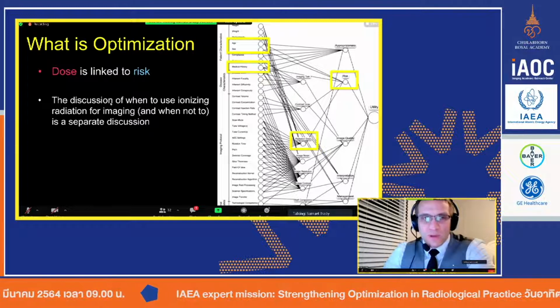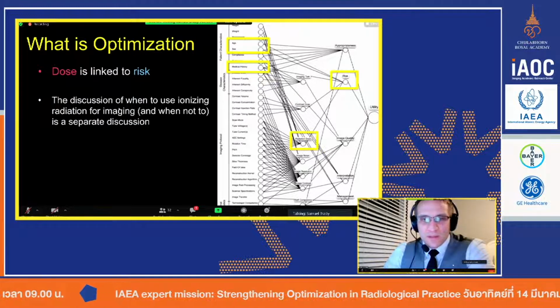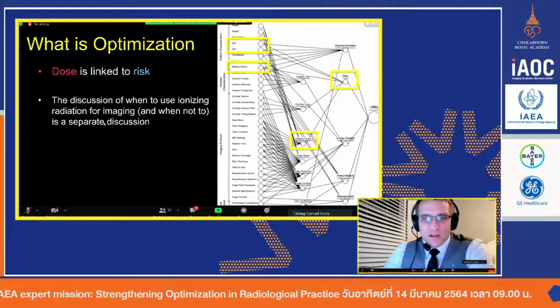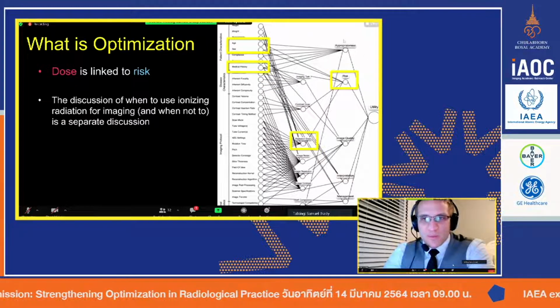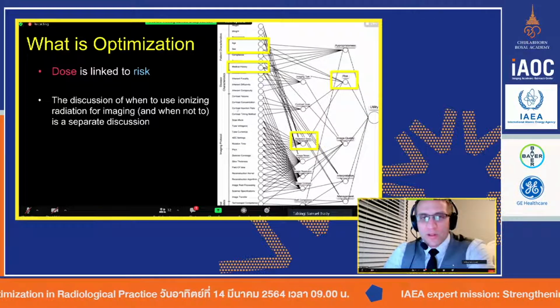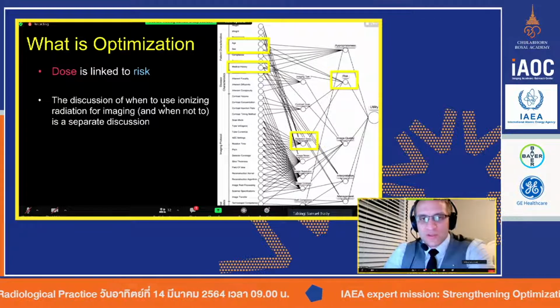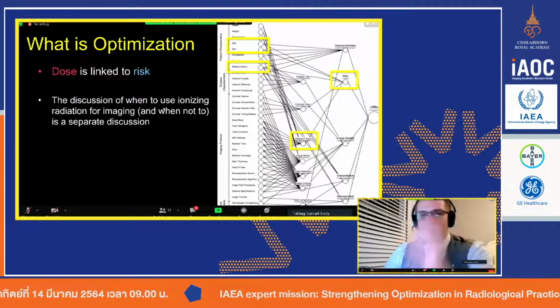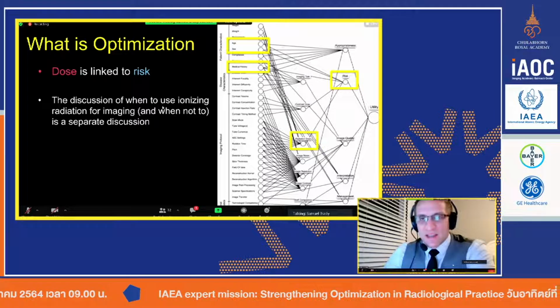It should be pointed out, though, it's not really appropriate for this talk, but this idea of appropriateness, I think, is probably one of the best ways to reduce patient radiation risk. Is the imaging appropriate? Is the task necessary?